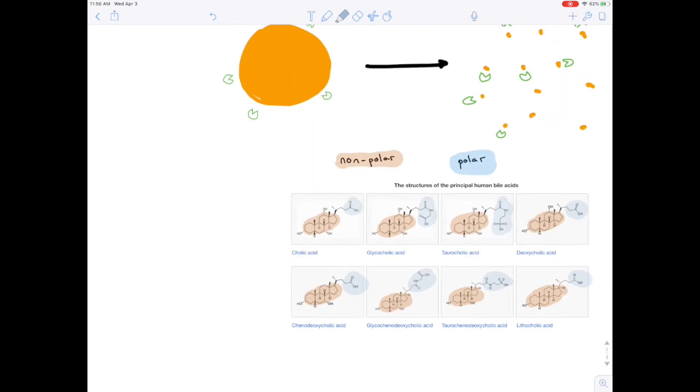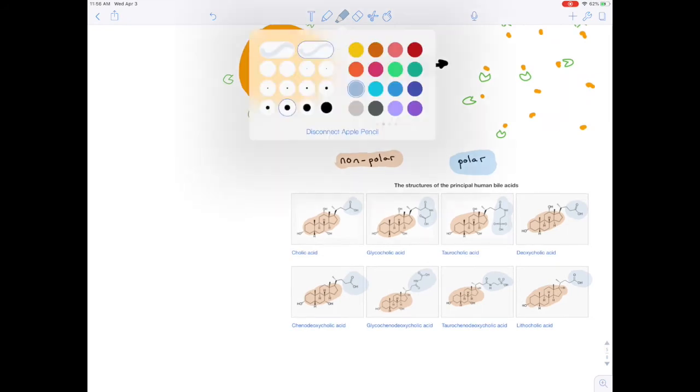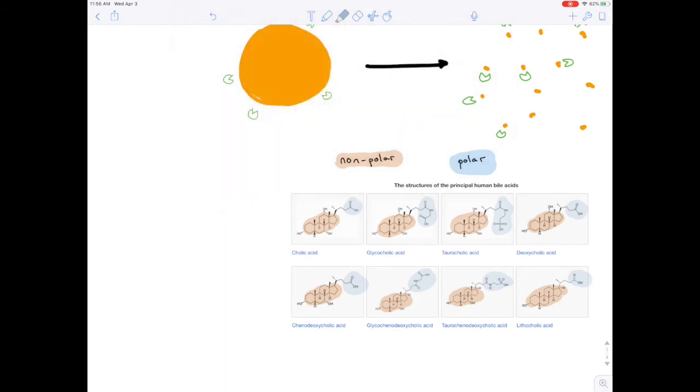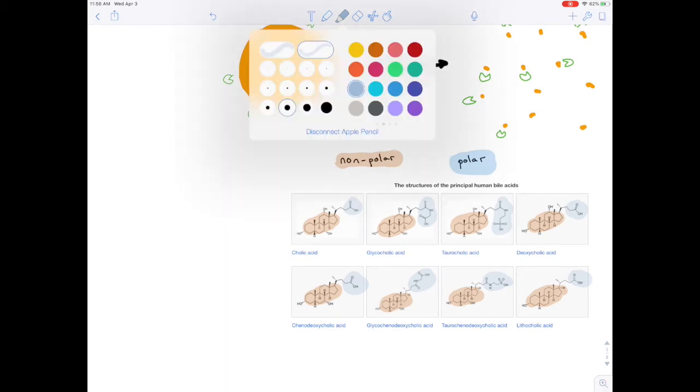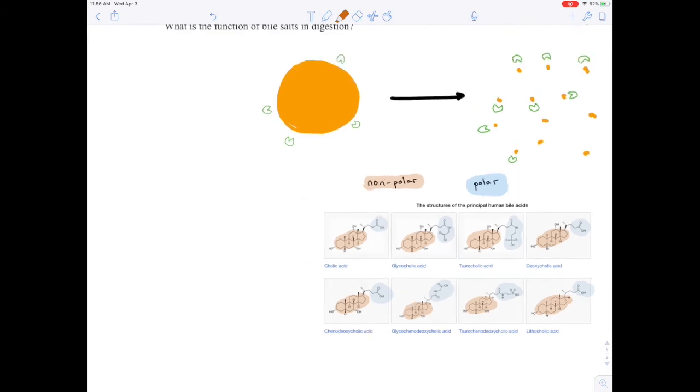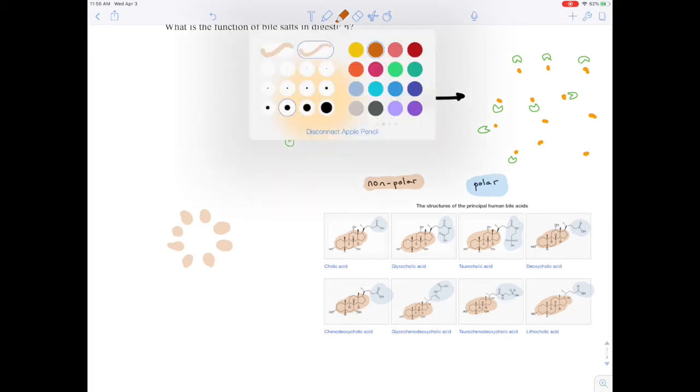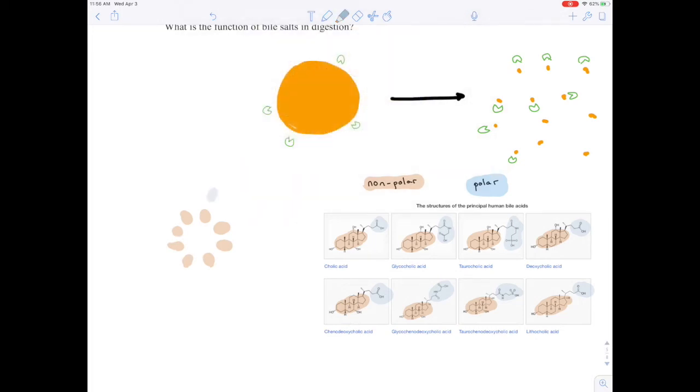Now, the power of this is that these molecules can form a sort of ring. They could have all of their nonpolar parts inside the ring and all of their polar parts outside of the ring. If the nonpolar parts are inside of the ring, you can fit some lipids there.